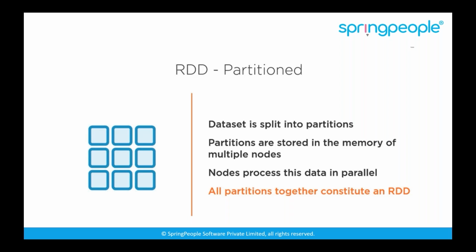So I can enhance the performance, reduce the response time, and increase my processing capability by processing the dataset in parallel. That's the advantage of using these partitioned RDDs here.